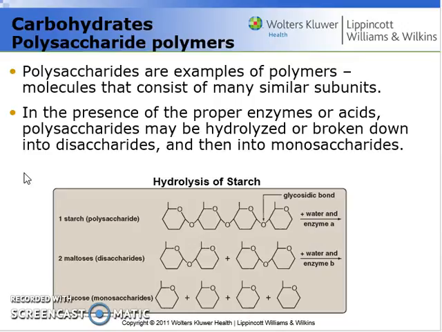Starch is a polysaccharide, but the bonds that hold together the units of the starch can be broken using both water and an enzyme. An enzyme for starch is a specialized enzyme called amylase. So the salivary amylase in your saliva is used to help break down starch or any foods that contain starch that you put in your mouth.